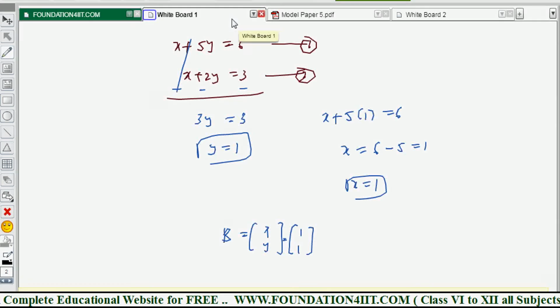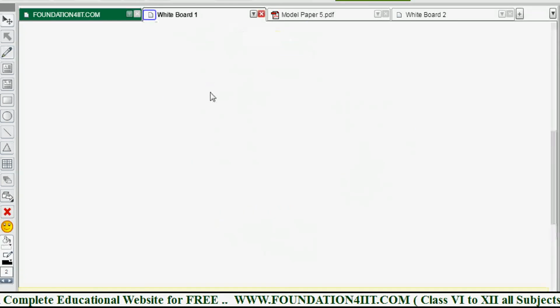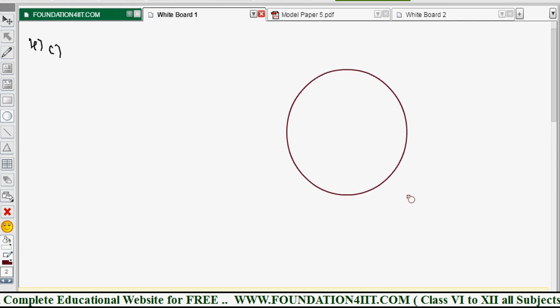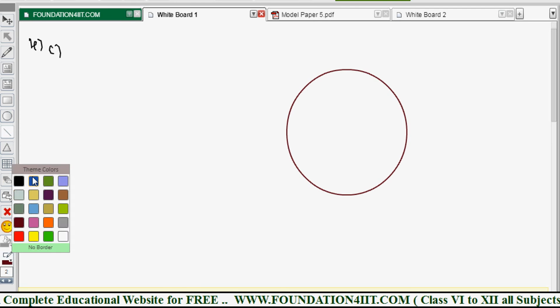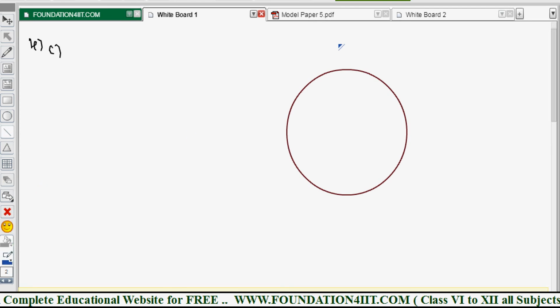Let me take the whiteboard and draw the diagram. So let me take the diagram first. From the circle, we should draw three tangents and one circle. From P, one tangent, and from here one more.